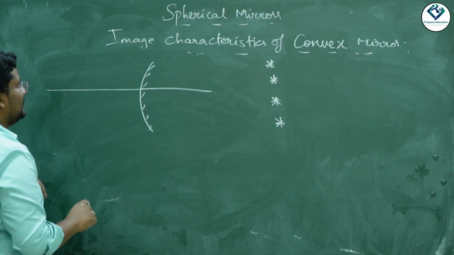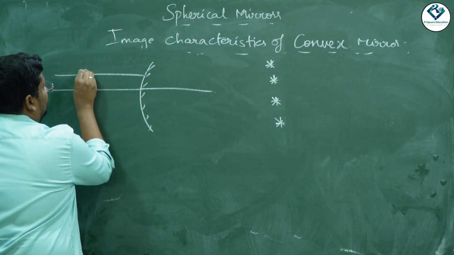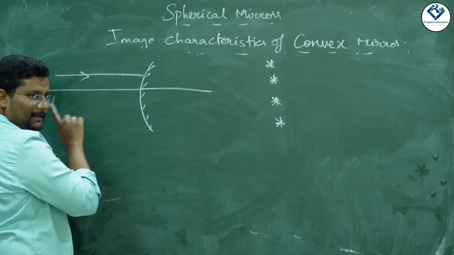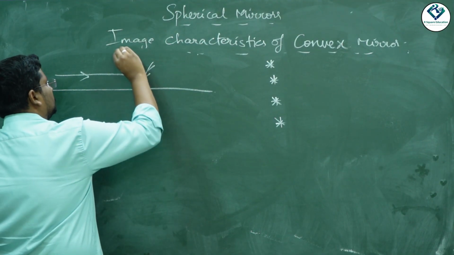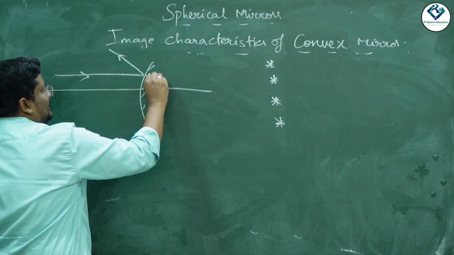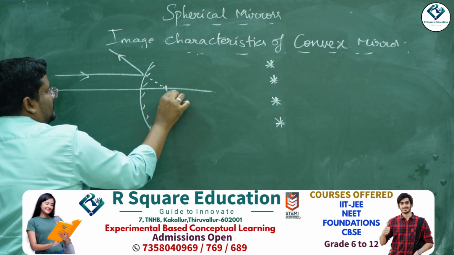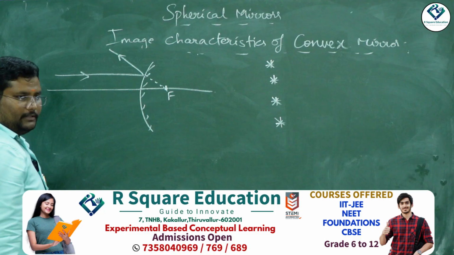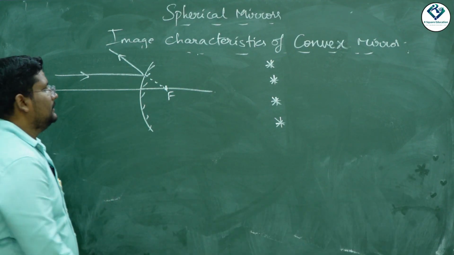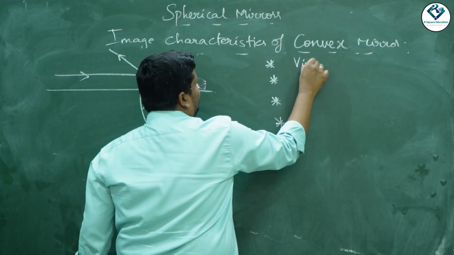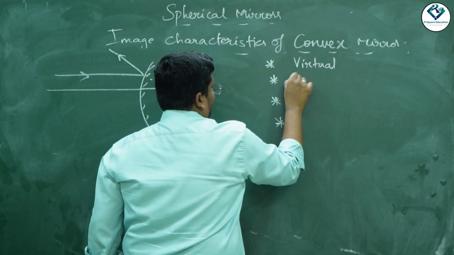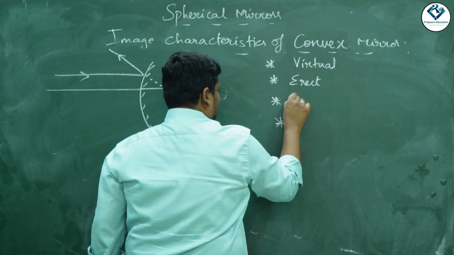Okay. So when I place an object at infinity, the light ray is going to pass parallel to the principal axis, and it is going to reflect back like this. It diverges there. So this is going to be the image formation at focus. So what are going to be the characteristics here? The images are always going to be virtual, erect, diminished.